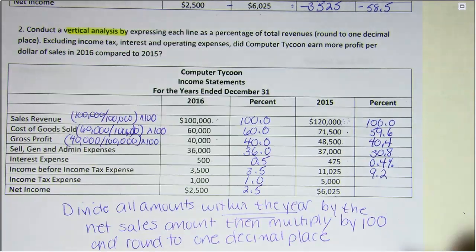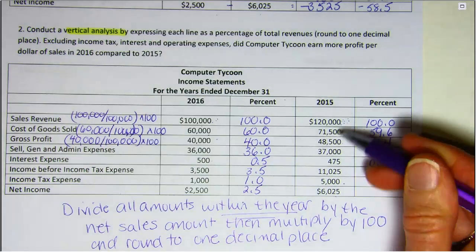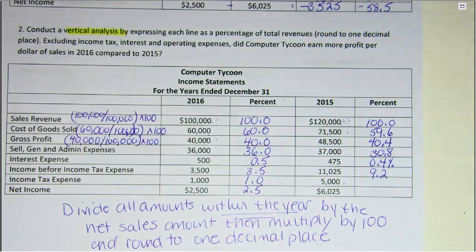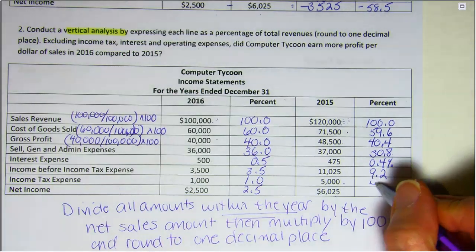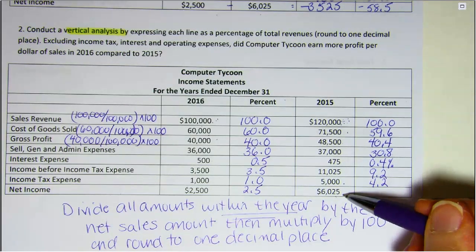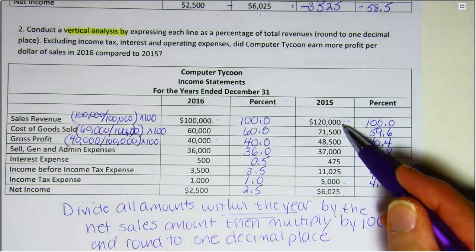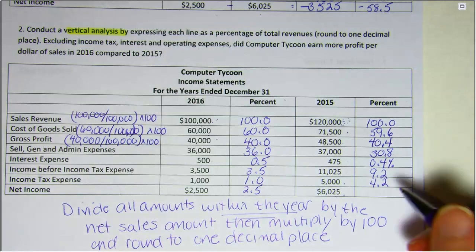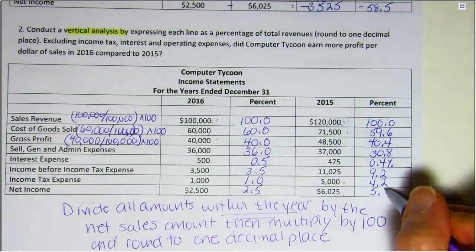Oh, I put a percent there. I shouldn't have done that since I didn't with the others. 5,000 divided by 120,000 gives you a decimal, multiply it by 100 to change it to a percent, and round to one decimal place. And finally, 6,025 divided by 120,000, that gives you a decimal. Multiply it by 100, change it to a percent, and then round to one decimal place.